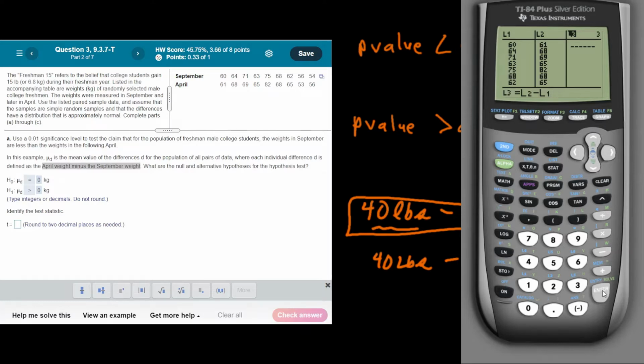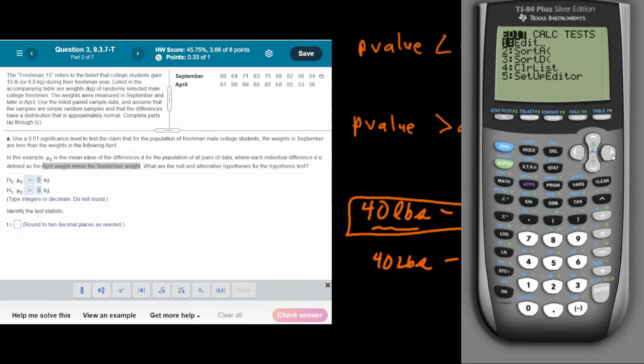So L2 minus L1, hit enter. There goes the difference table that we're going to use. Let's make sure we exit out completely instead of just hitting the stats button, because sometimes when you hit the stats button, it'll input crazy stuff inside of that list. So just to be safe, let's hit second quit.